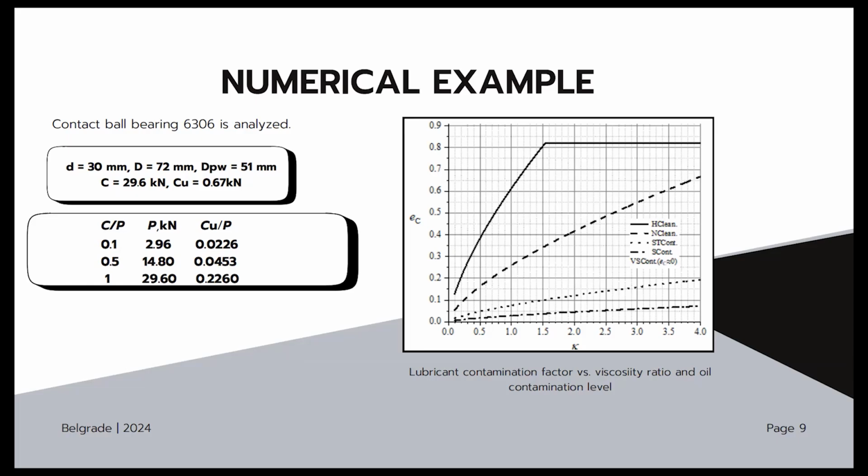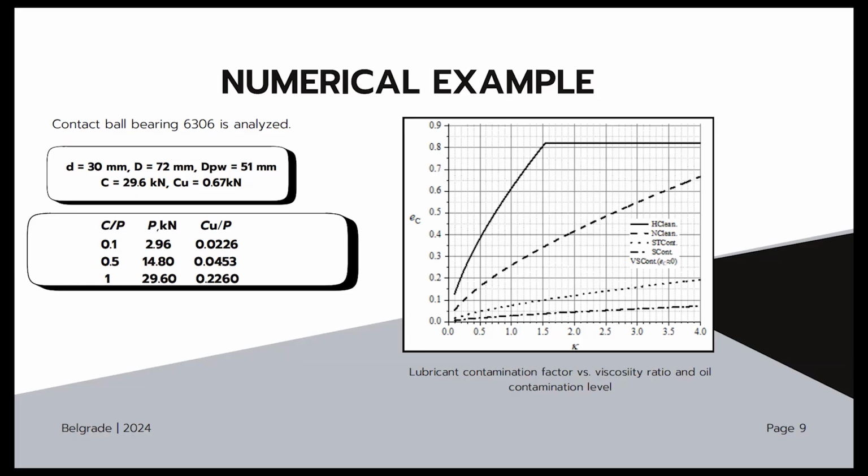We consider 3 cases. The first case is when the operational load is very light, just 10% of the dynamic load rating. The second case is when the operational load is the half of C, and the last case is when the operational load is equal to C.